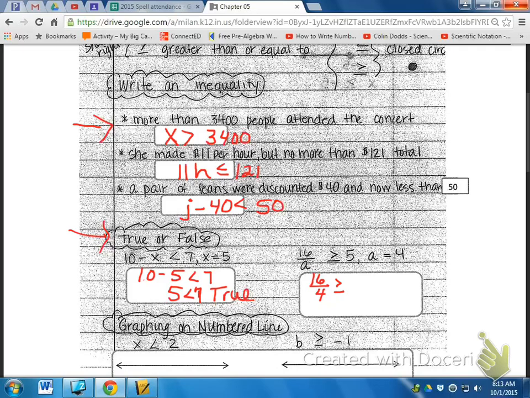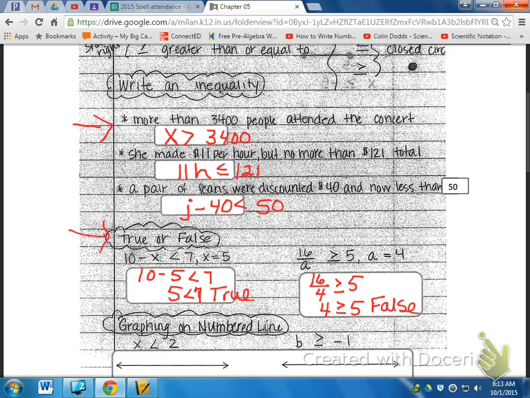So I'm going to put 4 in for a. 16 divided by 4 greater than or equal to 5. And what's 16 divided by 4? 4. So now I've written 4 is greater than or equal to 5. True or false? False. So we would write false.